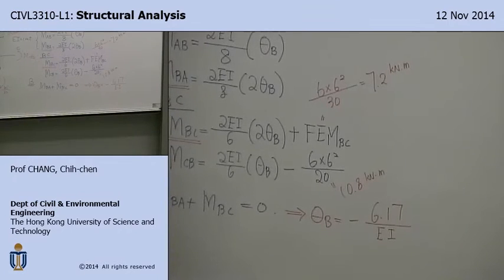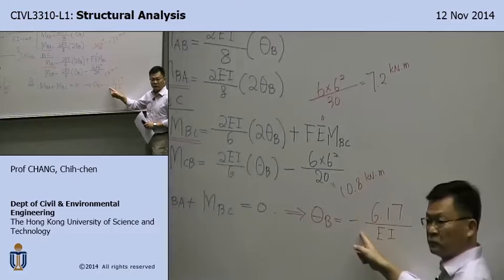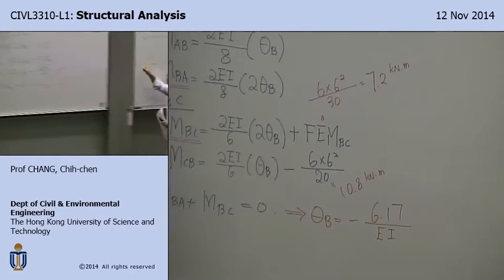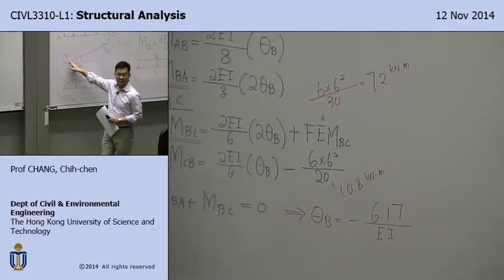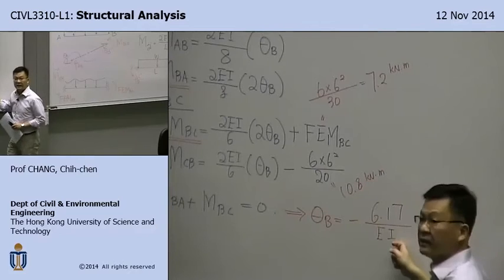Is that clear? It's quite clever, huh? So you get theta B now. Negative, what does that mean? Negative means that it's clockwise. So the rotation at B is clockwise because it's negative.